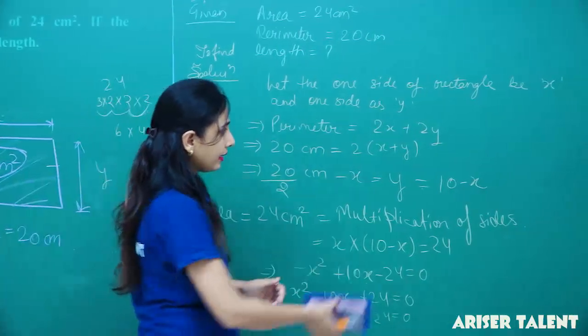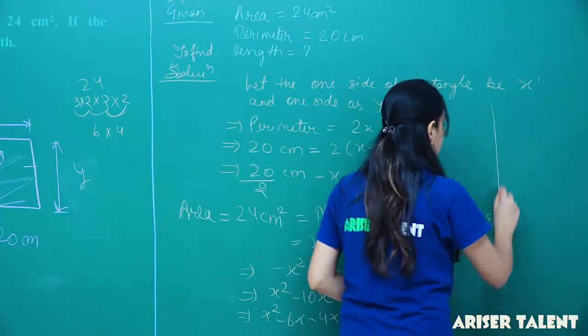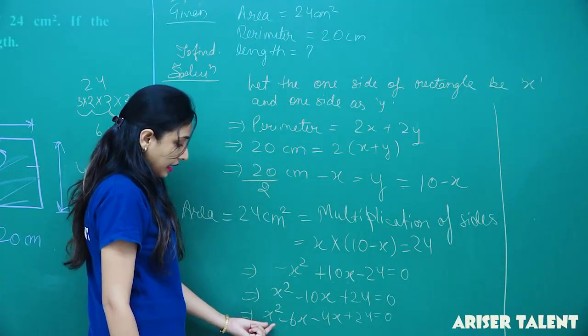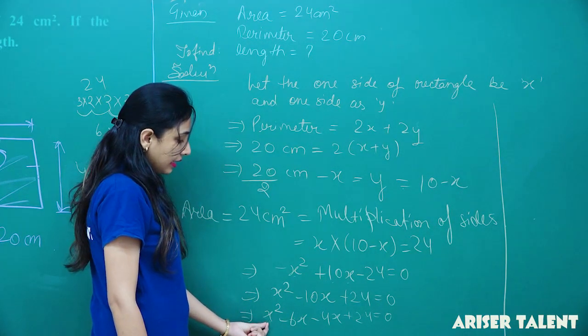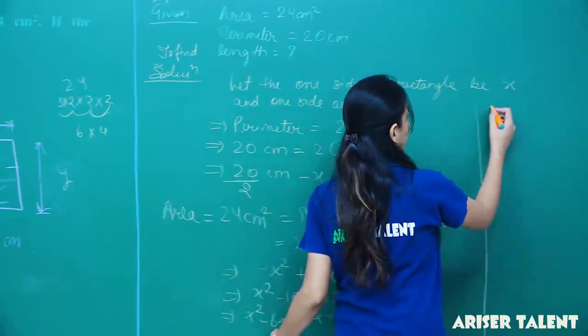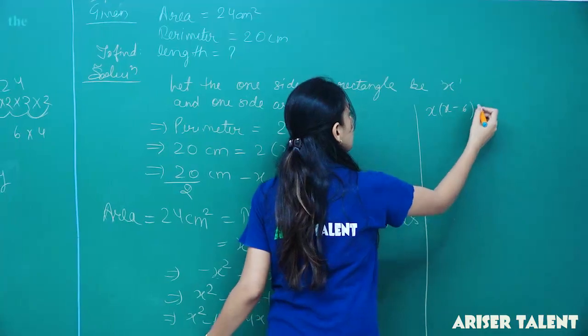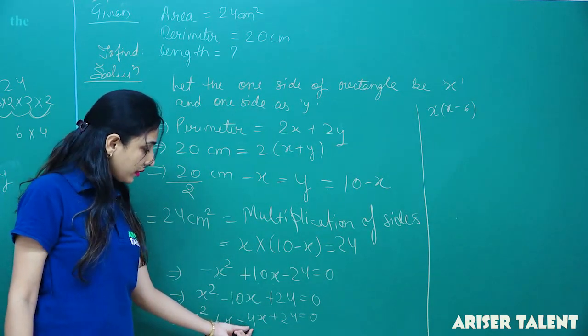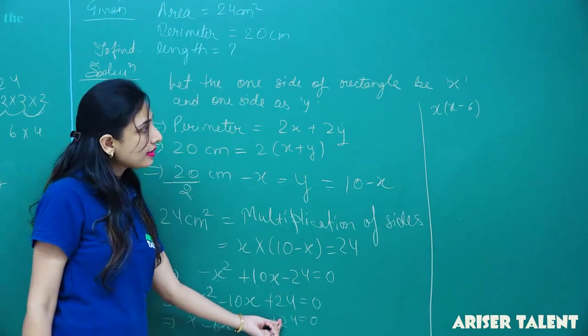Right. So, come this side students, this equation, if I take x common here, it will remain x minus 6, okay, then I am taking minus 4 common here. So, x minus 6 again.